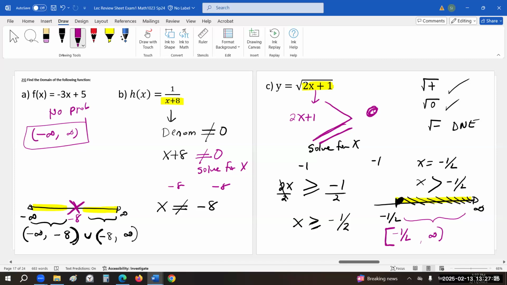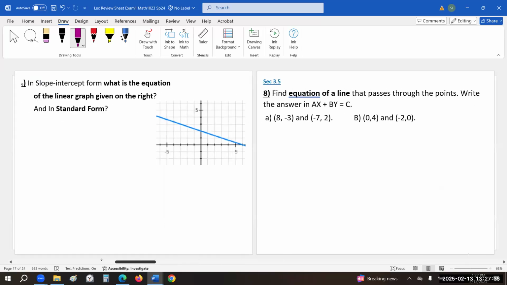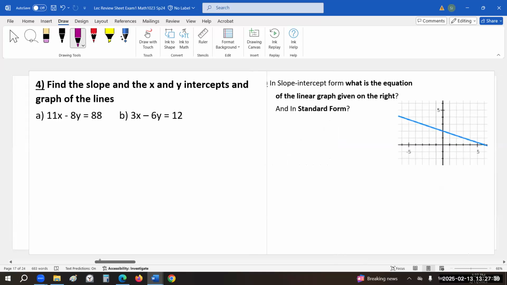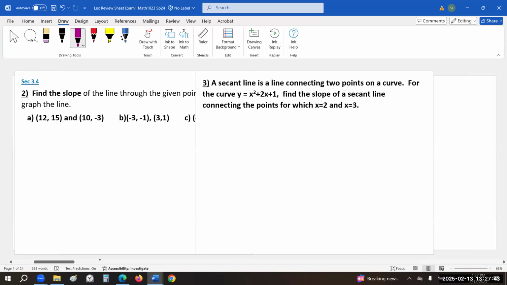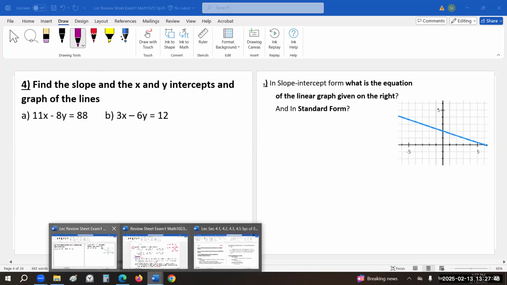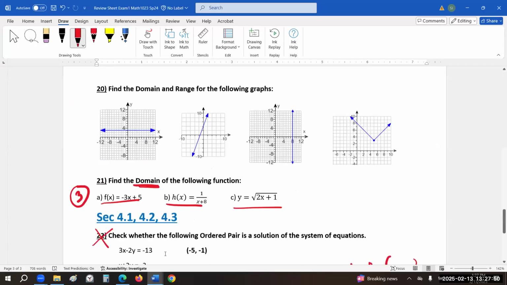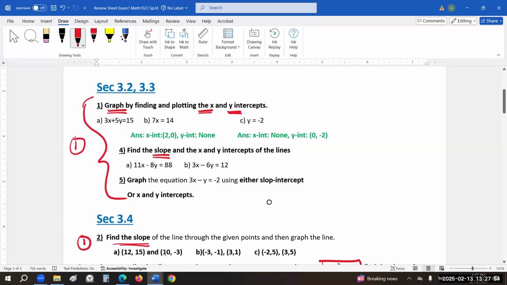Okay, next one is question 5. From question 5, all you have to do is find the x and y intercept.